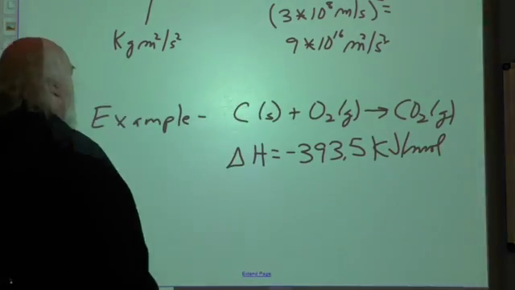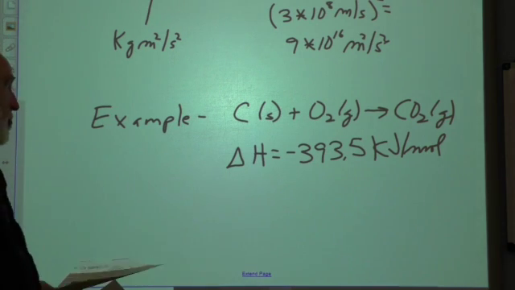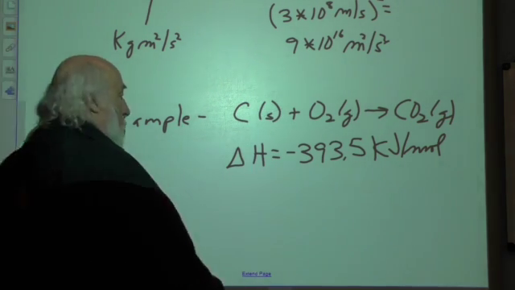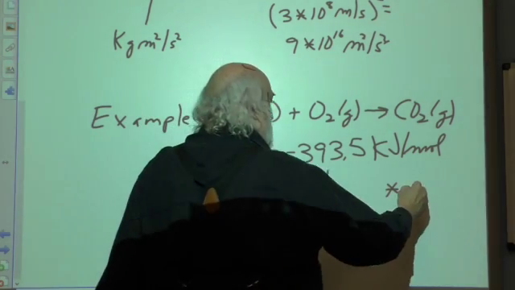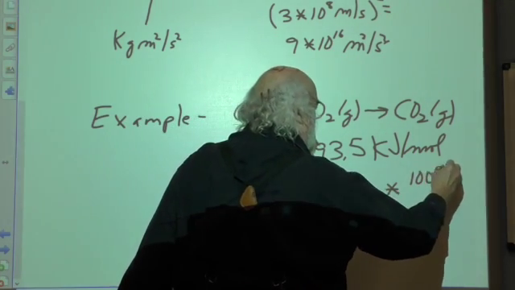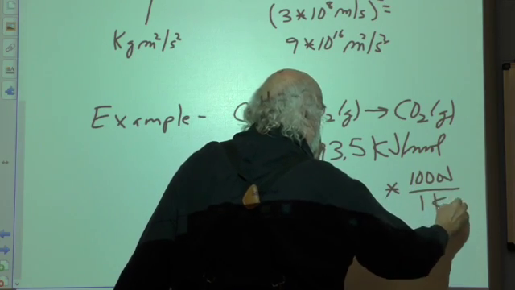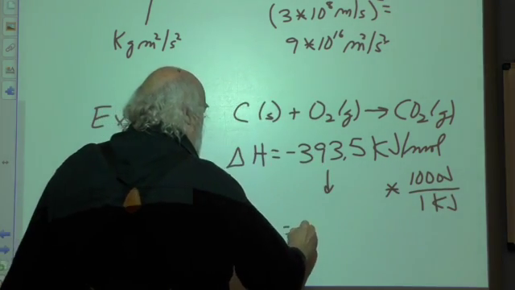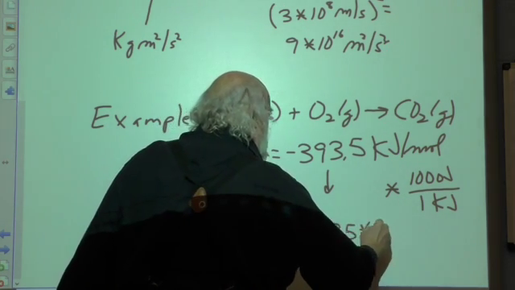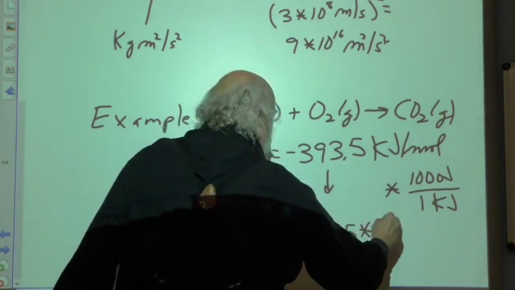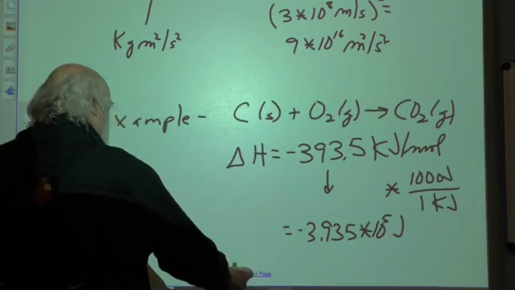Now, we've already talked about how we use joules in the E equals mc squared equation. So what we're going to do is convert that right away to joules by converting 1,000 joules per 1 kilojoule. And this will give us negative 3.935 times 10 to the 5th joules.